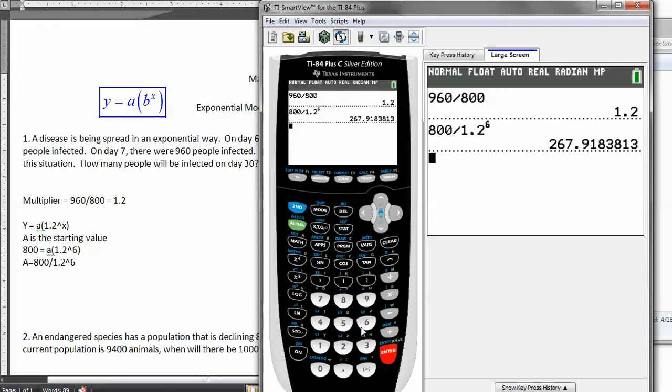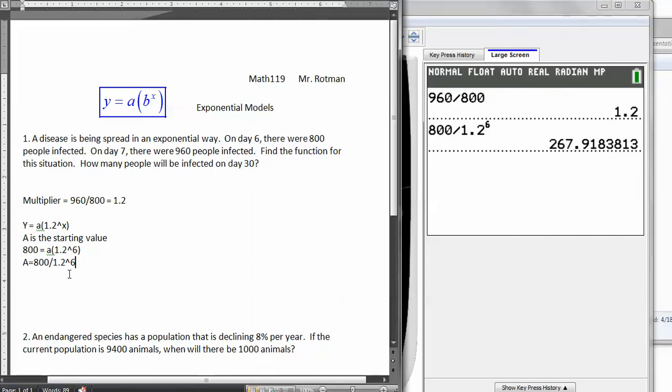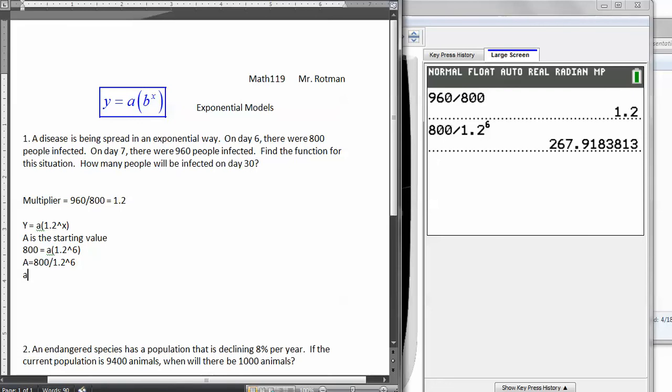There we go. So 267.91. This is the population, so we'll round that to the nearest whole person. A is 268. This means our model is y is equal to 268 times 1.2 to the x power.